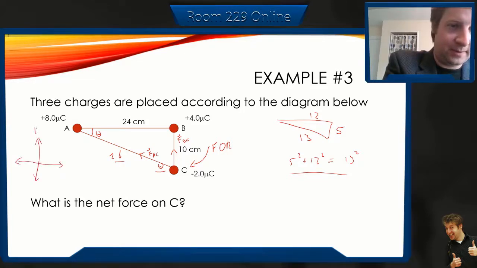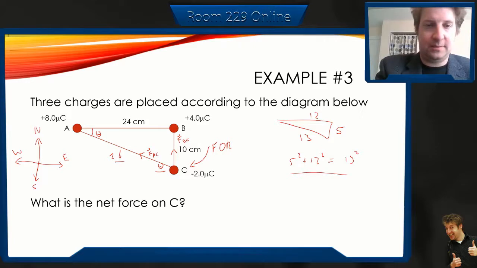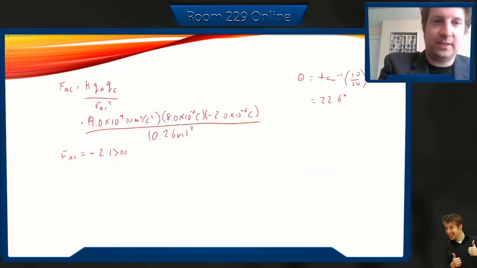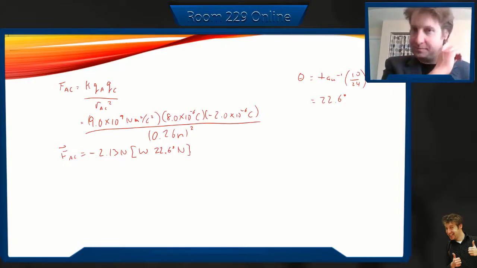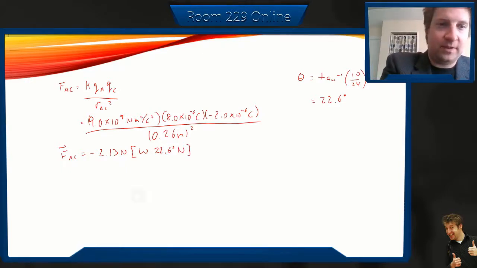Let's just define quickly: north, south, east, west. So this tells me that it's going to be mostly in the west direction and a little bit north. So we can say, as a vector with a hat on that, it's going to be west 22.6 degrees north. Right?